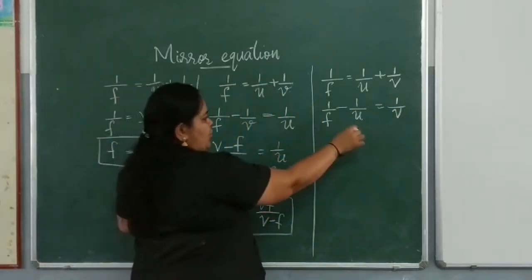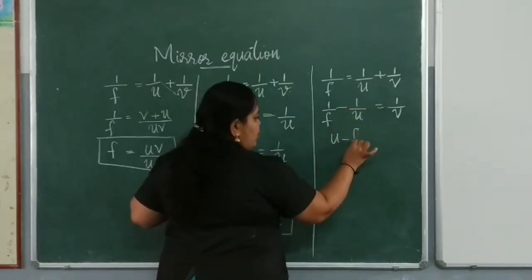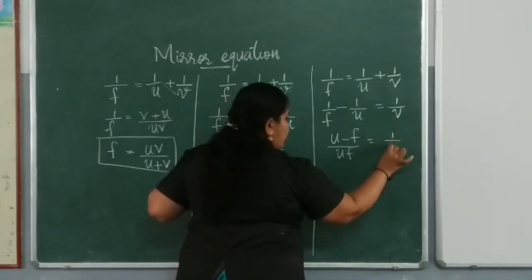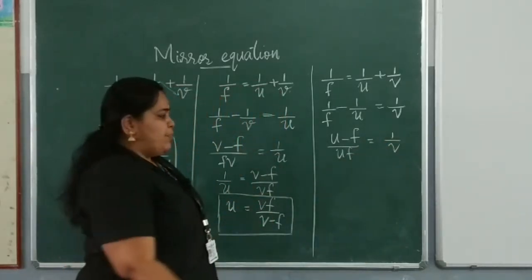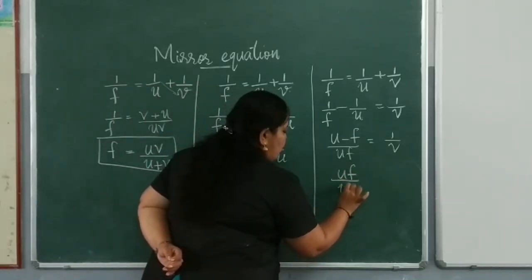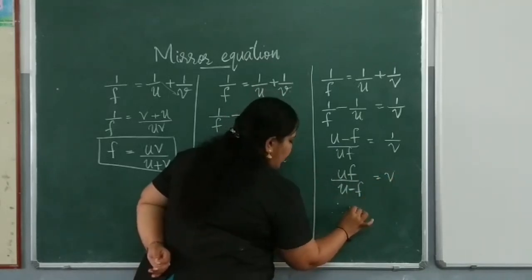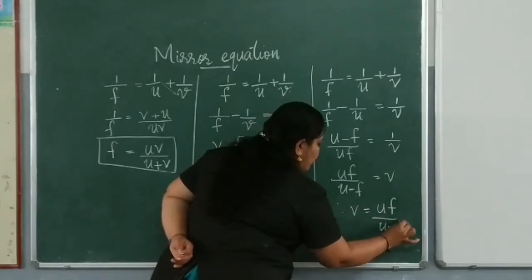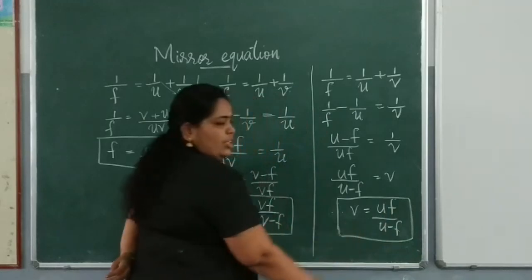Again cross multiply. 1 into u minus 1 into f by uf is equal to 1 by v. What is the next step? We have to find out the reciprocal. So uf by u minus f is equal to v. Therefore we can write v is equal to uf by u minus f.